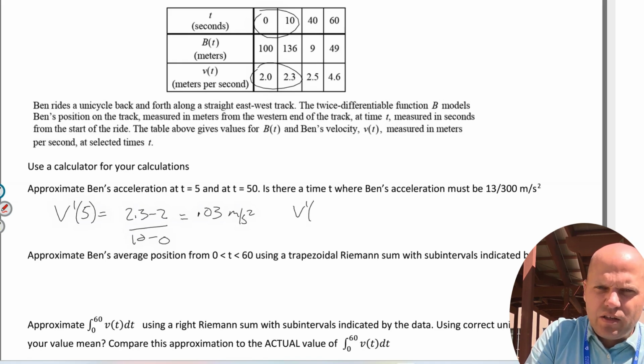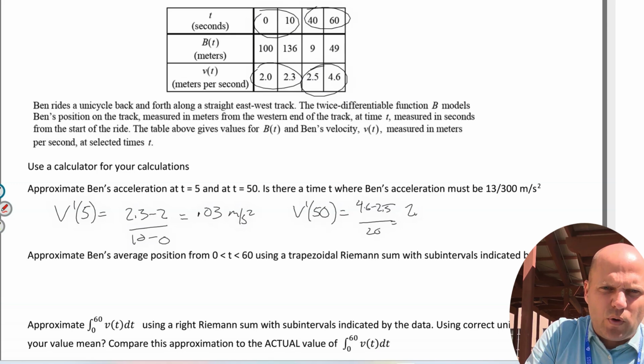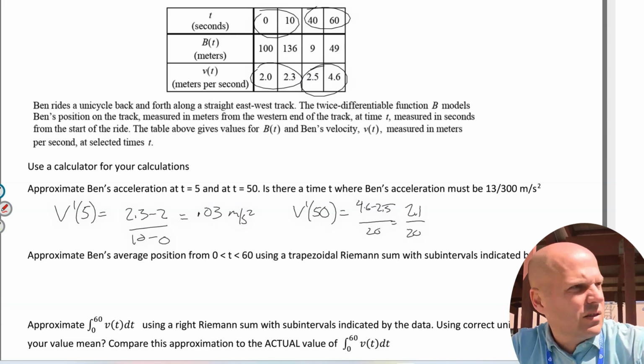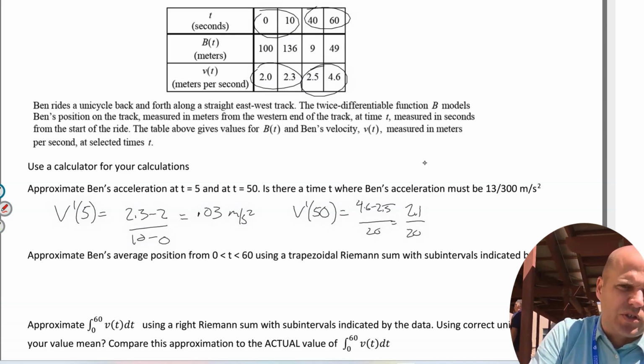And then my derivative at 50, I'm going to use 40 and 60. I'll have 4.6 minus 2.5 over 20, 2.1 over 20. 21/20 meters per second squared.